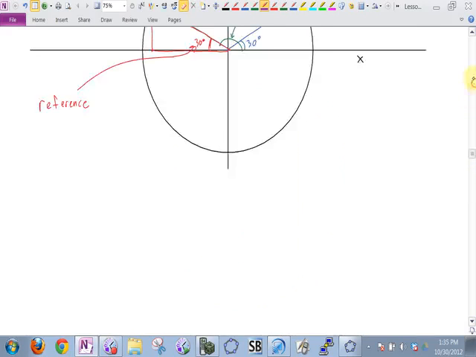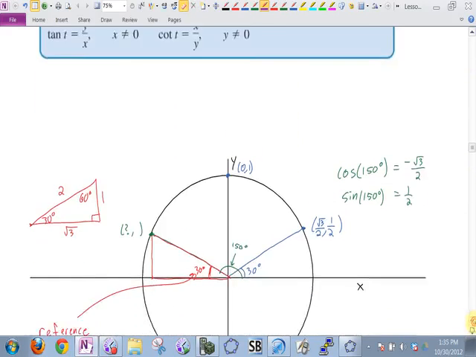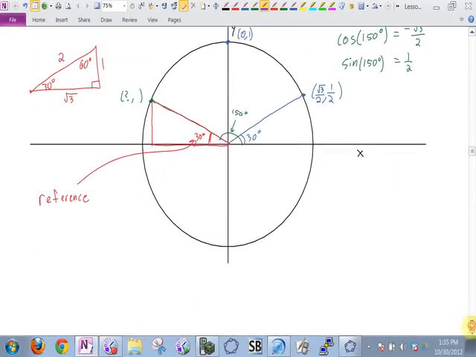Okay? So how about, when I said another multiple of 30, what I meant was something like 210. So here's the angle 210. This angle right here. What is the cosine of 210 degrees?